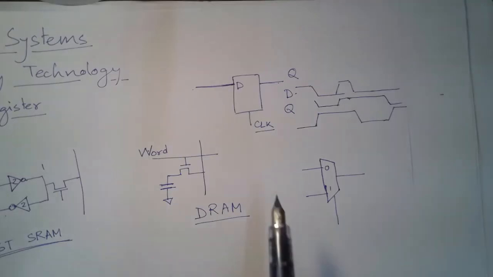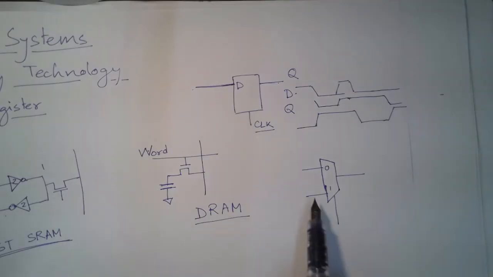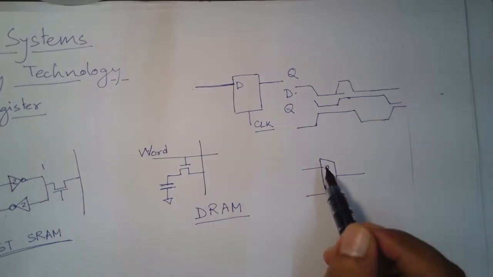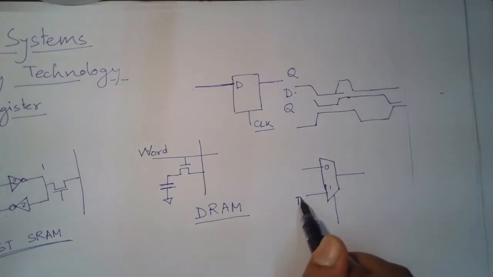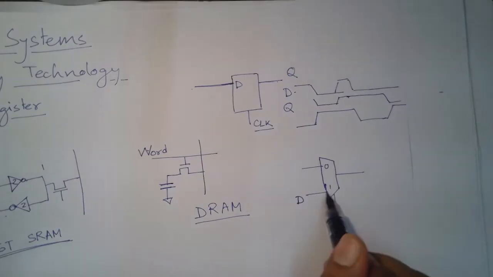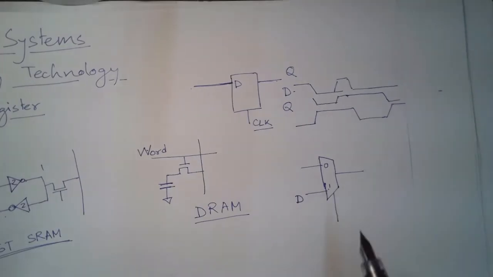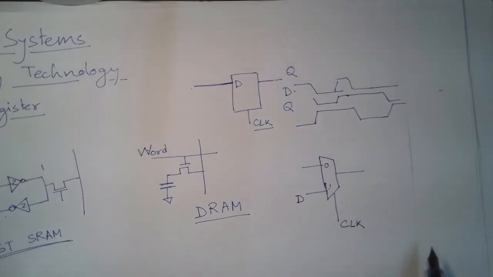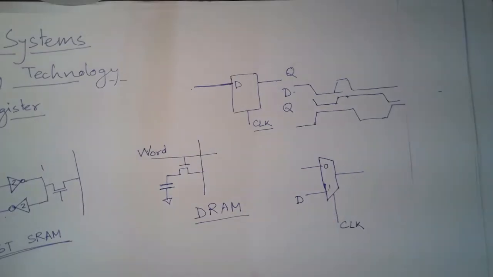So, I have two choices as my input. One is, let us say, D. So, whenever the clock is high, then D should be my output. So, I can now say that my select signal is clock. If clock is high, D will be output. Up to this, this should be clear, right.